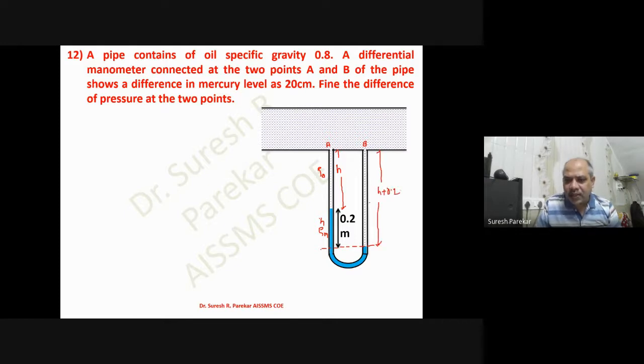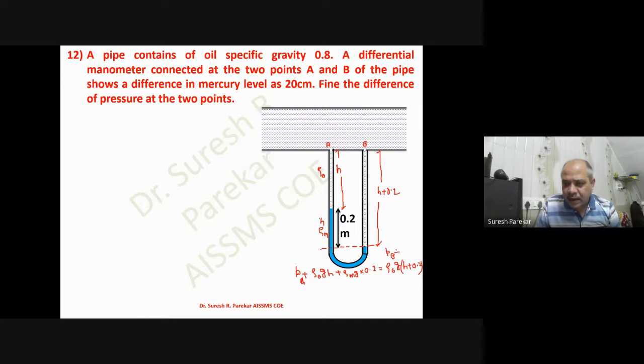And then you can see this. If you write the equation, then we have PA plus rho naught G into H plus rho m G into 0.2, which is equal to PB plus rho naught G into H plus 0.2. Now you can see on both sides we have rho naught G H, and if we cancel it, here we have PB.